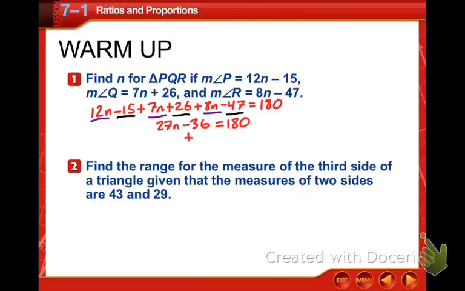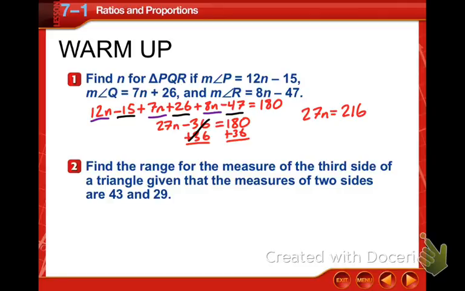We're going to add 36 to both sides. So we're left with 27n equal to... sorry, I started subtracting. 216.